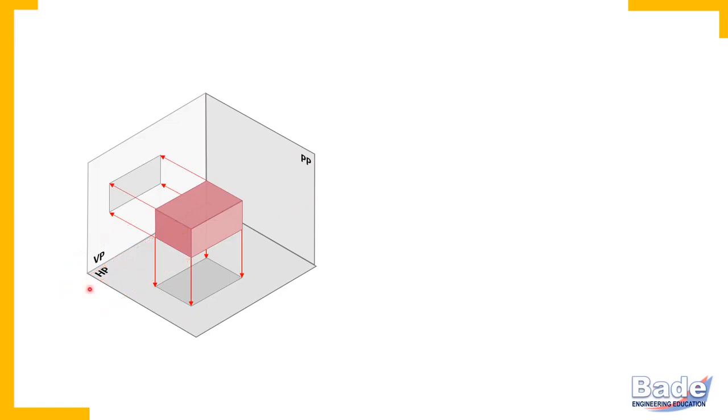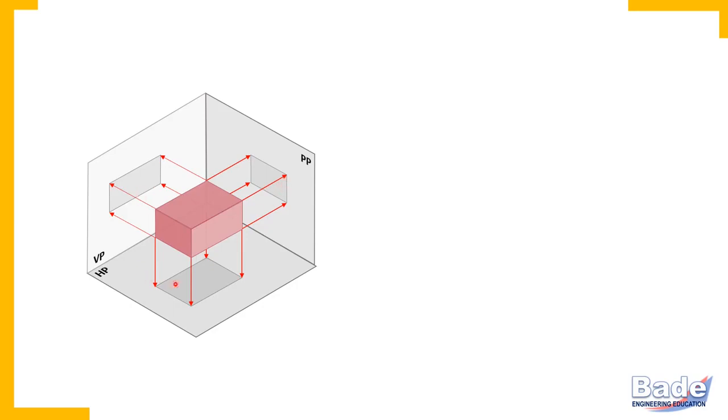When you watch an object in the direction perpendicular to PP, and whatever you can see, you draw on PP. That is projection on profile plane, nothing but side view.